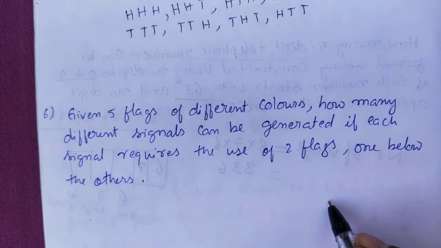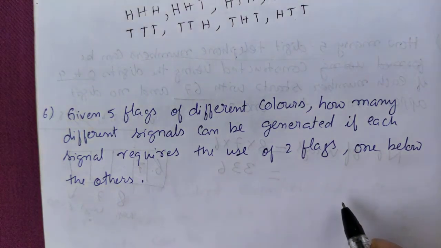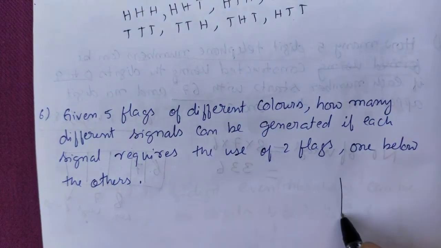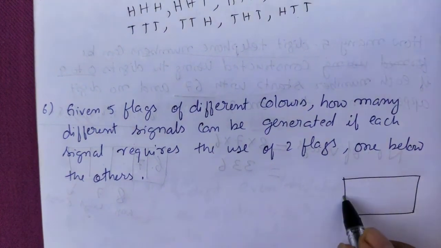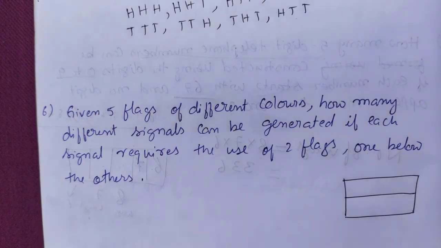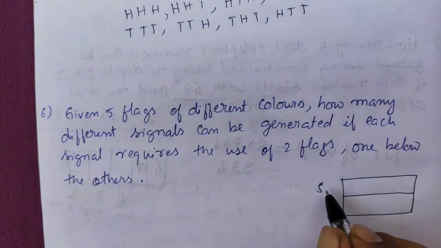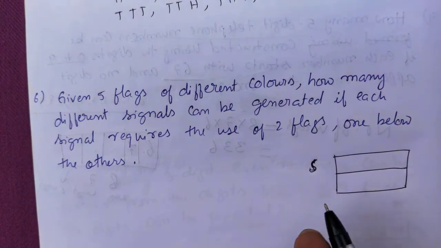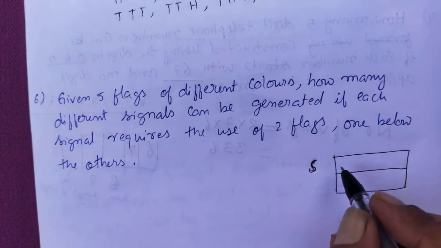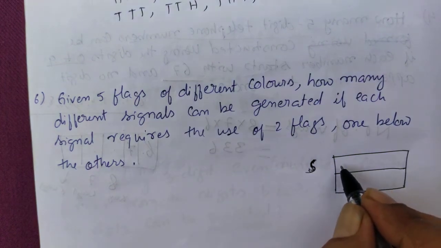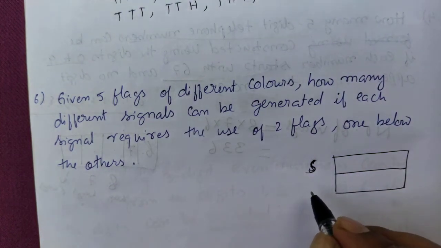So the flags are arranged one below the other. Every time you are going to use 2 flags. That means all the 5 flags you can use here, and it must be 2 different flags, so no repetition. If one flag is used, only 4 flags are left.